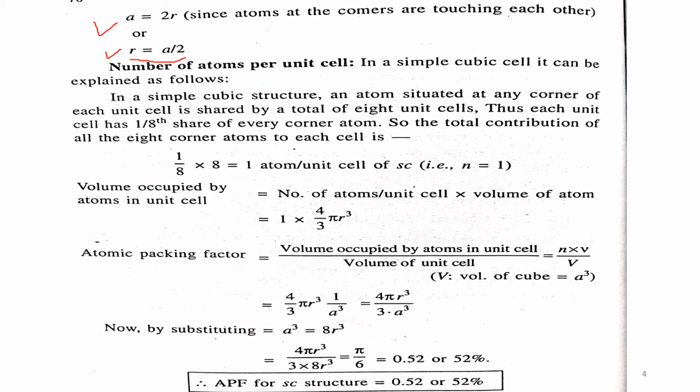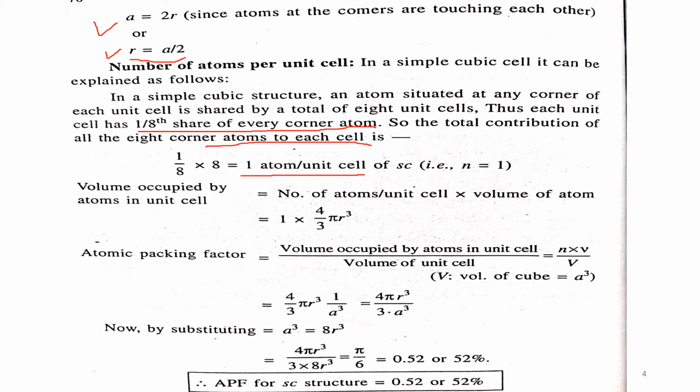In a simple cubic structure, an atom situated at any corner of each unit cell is shared by a total of 8 unit cells. Thus, each unit cell has a 1/8 share of every corner atom. So the total contribution of all the 8 corner atoms to each unit cell is 1/8 into 8, which is equal to 1 atom.